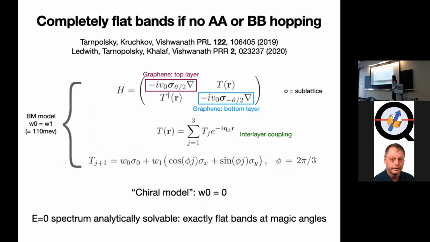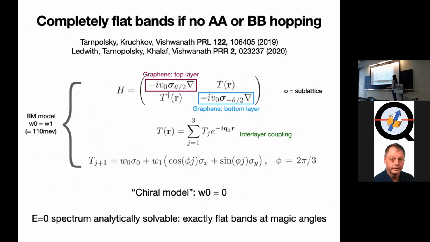Just to give a little insight as to how this happens, this is a schematic setup for the Hamiltonian for twisted bilayer graphene. This is the top layer graphene Dirac cone, the bottom layer graphene Dirac cone, and we have this interlayer coupling, which is a 2x2 matrix.